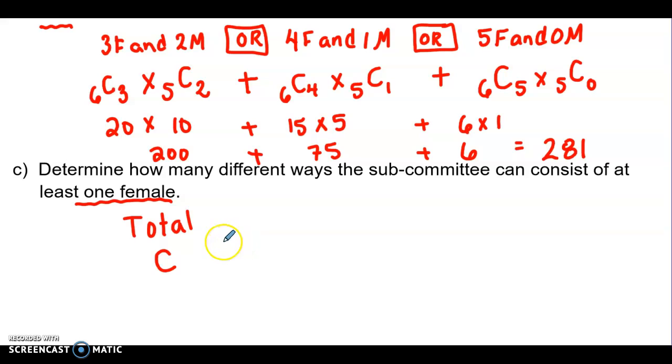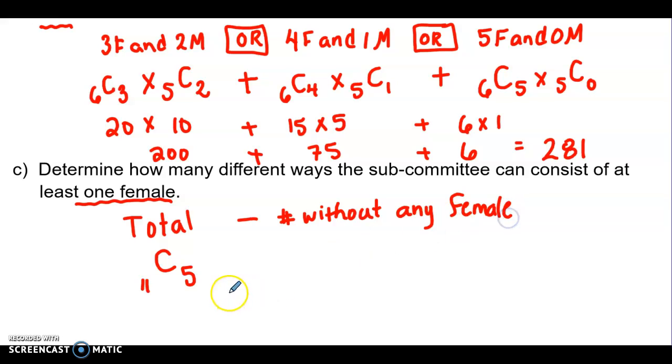We have 11 members, and we want to choose 5 members. If we then subtract the number of ways without any females at all, then that will give us the total number of ways where there is at least 1 female.